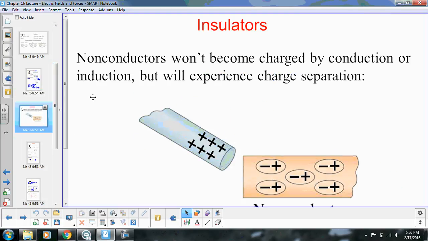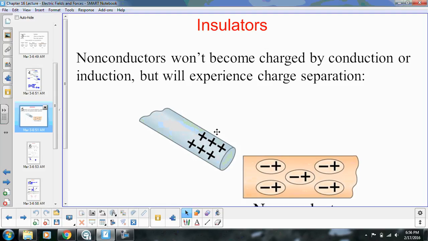So when we have insulators, when a charged object is brought near an insulator, then we have a separation of charge, but the charges aren't actually moving across the insulator. We can't charge insulators by conduction or induction. The only way we can charge them is by rubbing them against another material, not just simply touching.